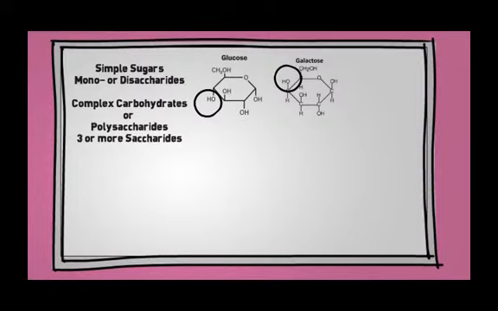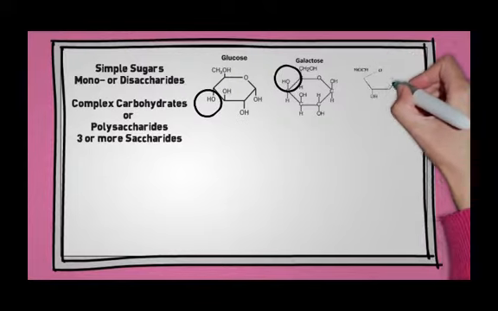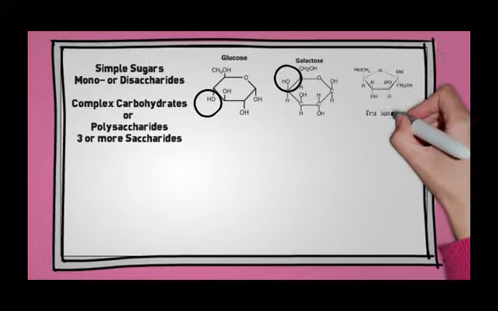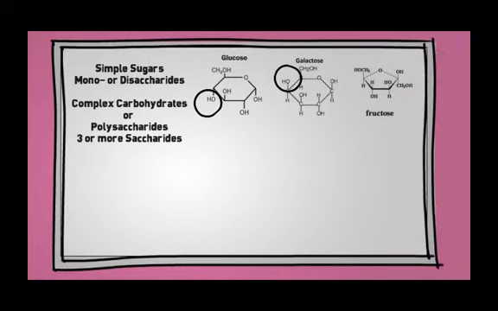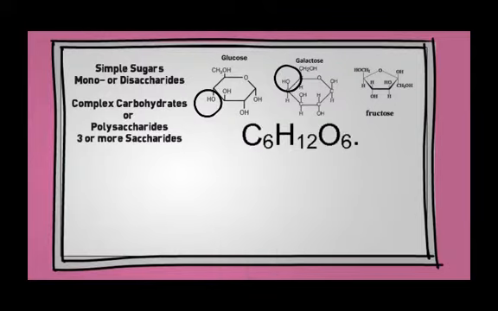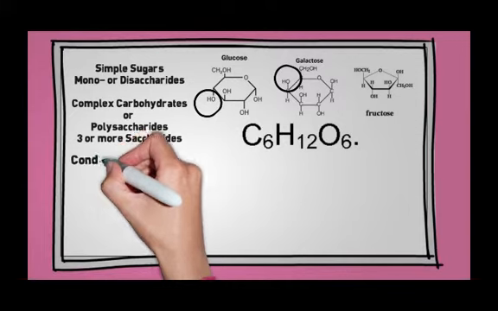However, other times, 4 carbon atoms and 1 oxygen atom are linked together in a 5-sided pentagon. This is the case with the simple sugar fructose. In either case, the chemical formula for all 3 monosaccharides is still C6H12O6.